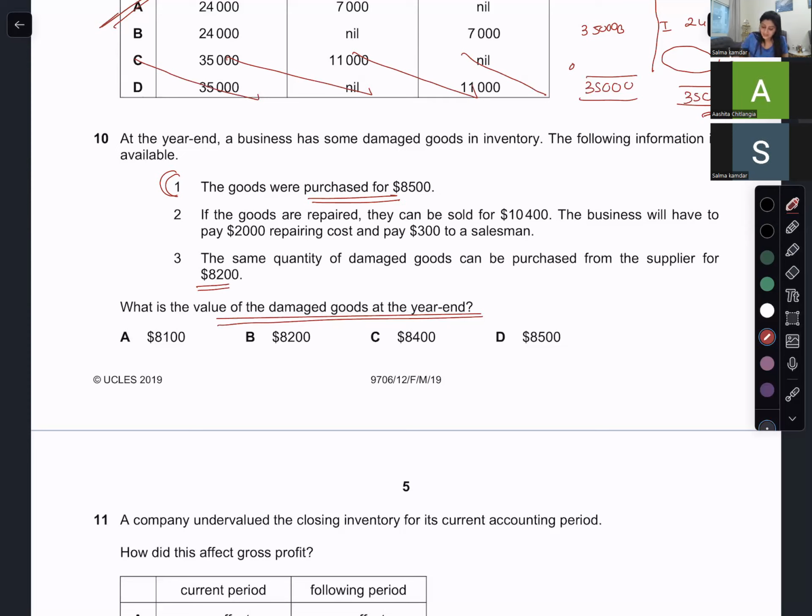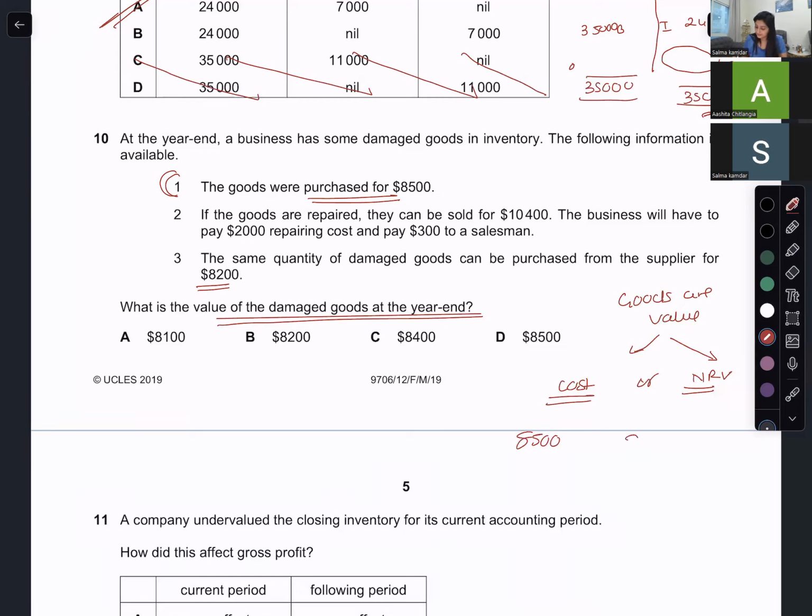So goods are valued how? At cost or NRV, whichever is lower. How much did you purchase for? 8,500. What is NRV? Net realizable value. What do you mean by net realizable value?